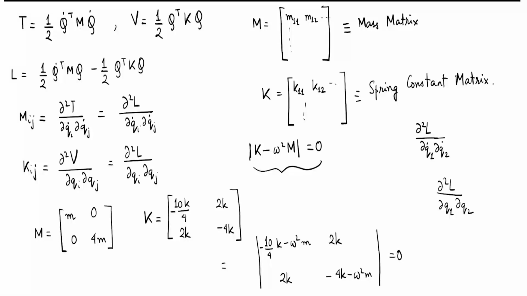Right? And this is 4m, not omega square m, but omega square into 4m. This is into 4.